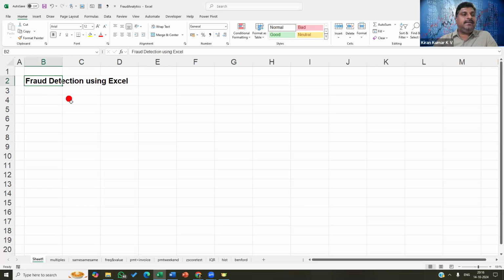Today's topic is fraud detection using Excel. As you know, many corporations around the world, both financial and banking companies as well as other non-financial companies, are said to be losing billions of dollars due to fraud in transaction processing.